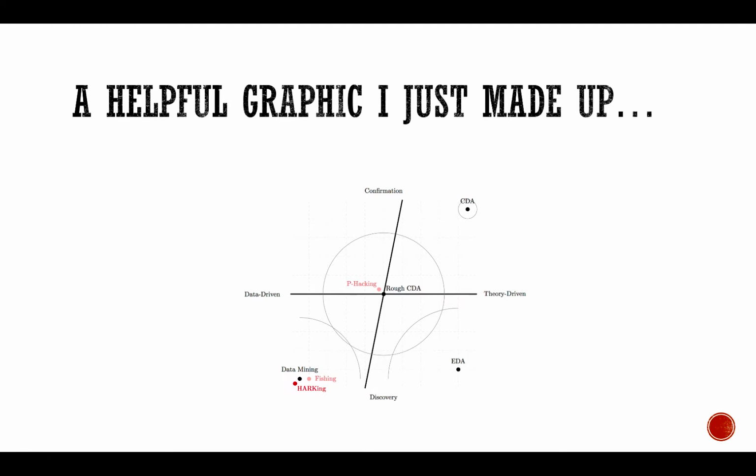You can fall anywhere on that continuum from 100% confirmatory to 100% exploratory. And then another continuum is theory-driven versus data-driven. And so what that means is, are your analytic decisions being driven by theory, or are they being driven by data? And the third dimension that is displayed is the color.